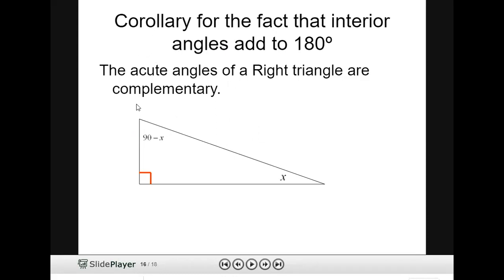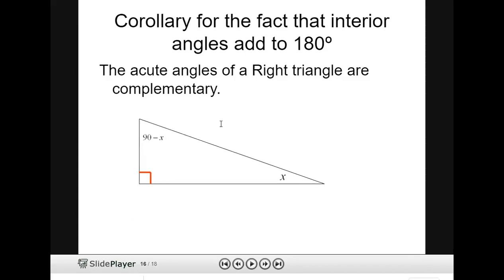The first corollary is that the acute angles of a right triangle are complementary, which means the sum of the two acute angles in this right triangle should equal 90 degrees, because the sum is already 180 and we have one angle equal to 90, so the sum of the other two angles should be equal to 90 degrees.